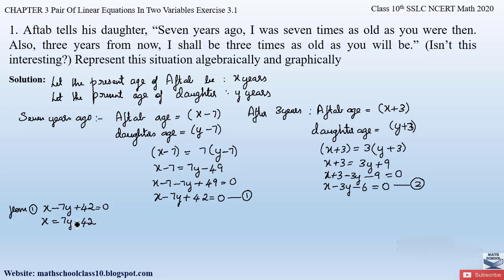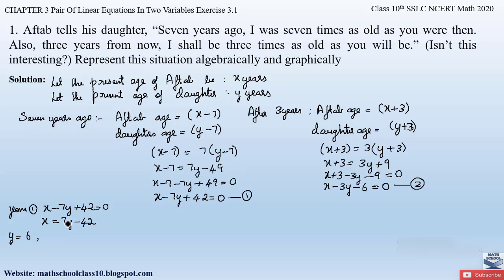So let us substitute the y value in the equation and obtain a table. For the first value, if we assume y equal to 0, then 7 into 0 will become 0 and x will be minus 42, which is a very large value. So always we have to keep in mind that we obtain smaller values. So initially let us substitute y equal to 6.